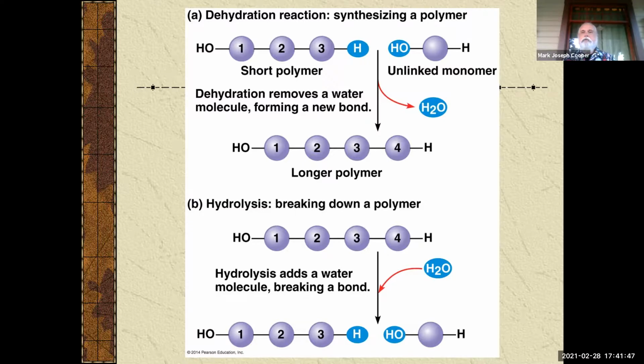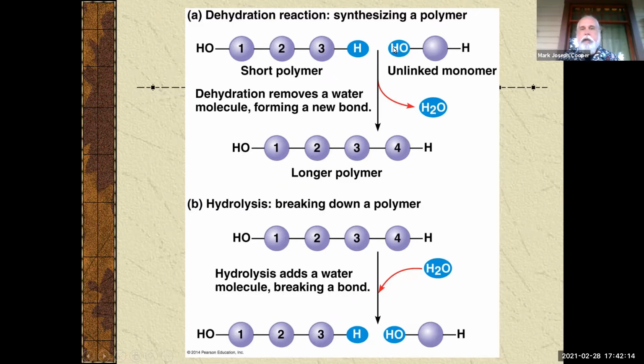To put molecules together, we have a process, and I need you to know the name of that process. The problem is there are multiple names for the same thing. So the book now is using dehydration reaction. That is when you take a monomer or a short polymer and you hook on another monomer.